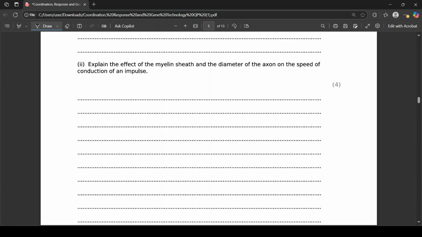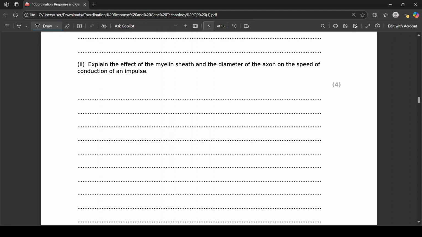Okay, so if a myelin sheath is there, why the speed of conduction is greater, and what role does the diameter of the axon also play in the speed of conduction of an impulse. So basically all the reasoning stuff. Okay, so you have to structure your answers nicely.